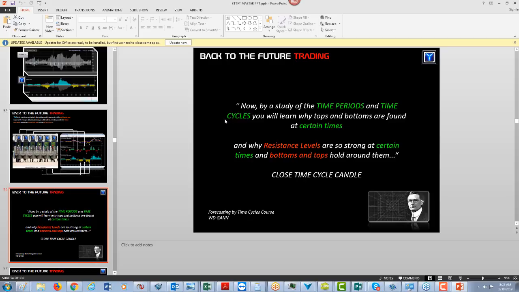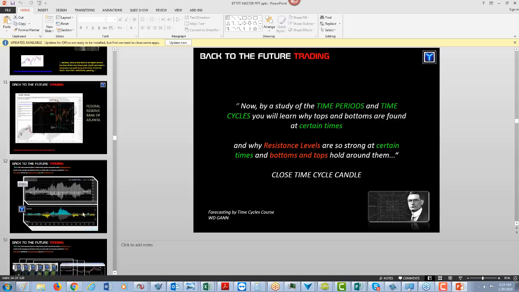The resistance level is derived from the time cycle. And when we look for those resistance levels, bottoms and tops hold according to Gann. So if you find the right time periods, Sarah, we're going to see dots near highs and lows. And if you find the right time periods, you're going to find bounces off of the prices associated with those highs and lows.